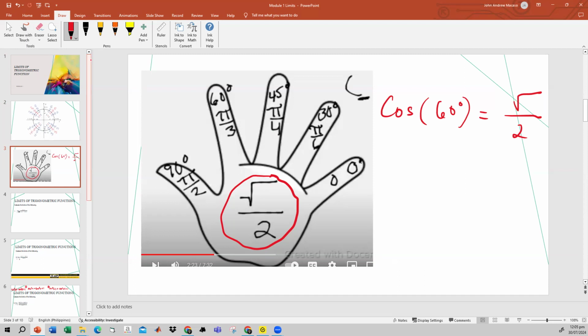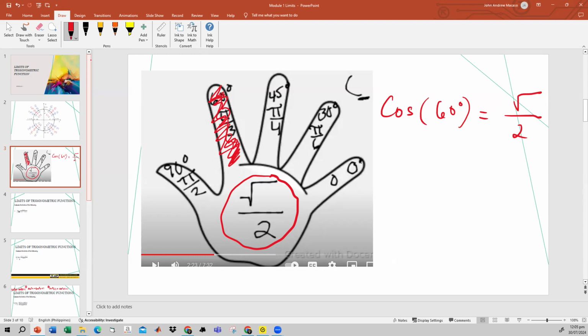So try to locate first the 60 degrees on your left hand. So basically, this is the 60 degrees, right? So in that case, if we're talking about cosine, what you need to do is you just need to count the fingers starting on your thumb.